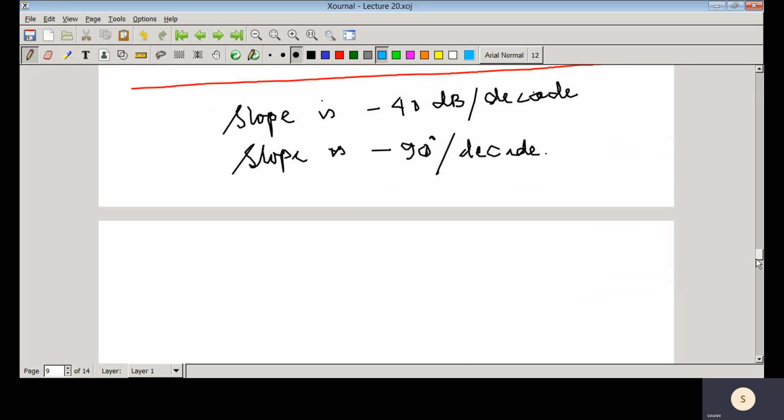So first we draw some Bode plots, and we have taken some examples. Here the first example is, suppose we have one factor which is s plus 2. So the factor is s plus 2.